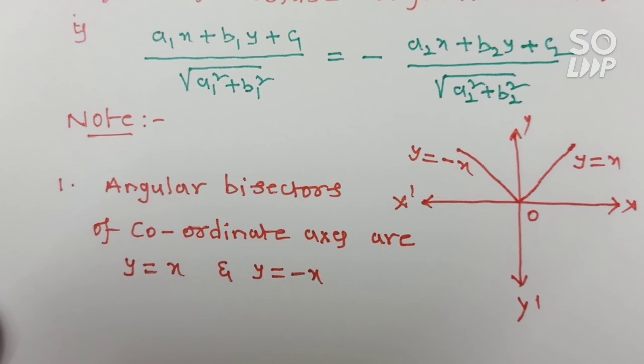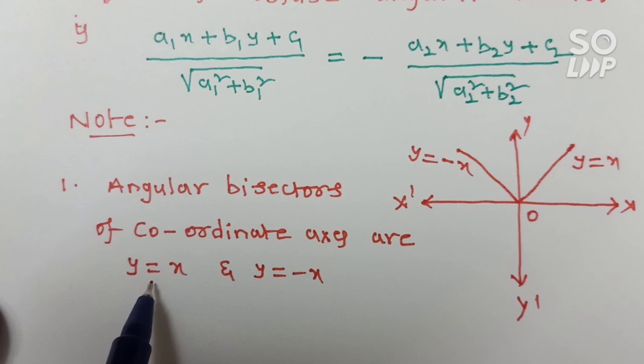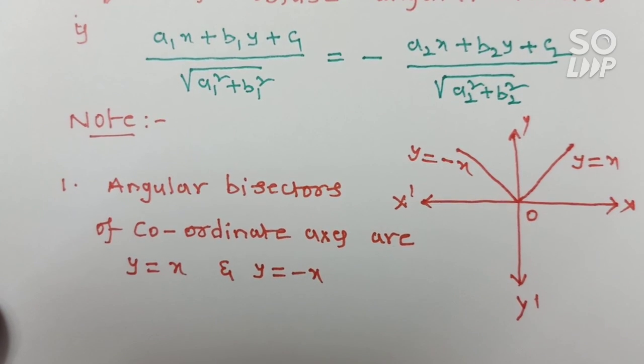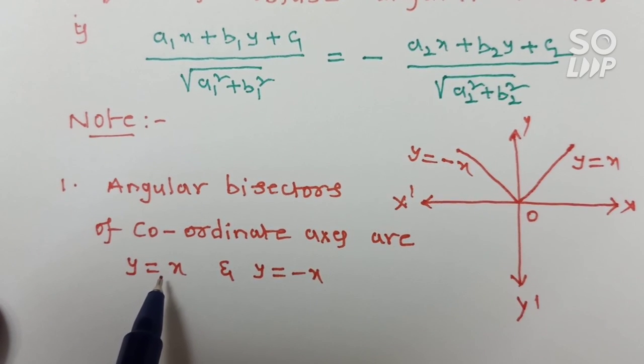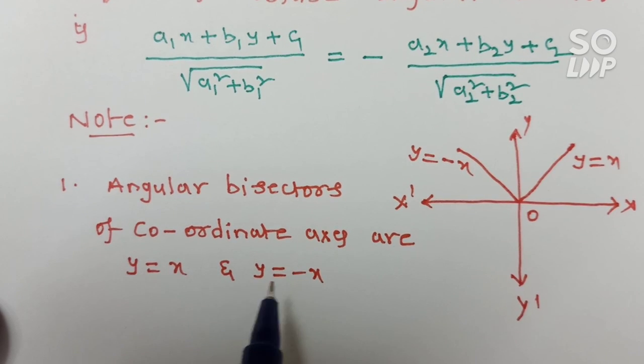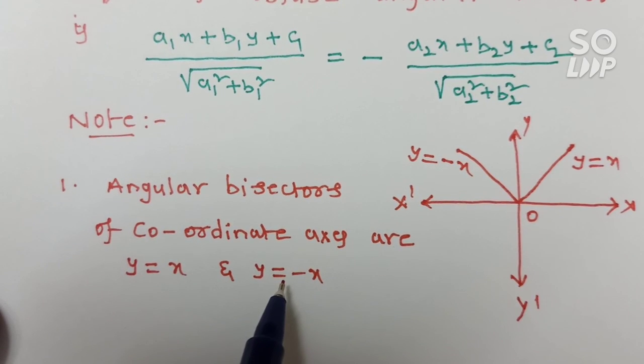So clearly from these two equations we can say that angular bisectors are always perpendicular to each other. See, what is the slope of the first equation? Plus 1. The slope of the second equation is minus 1. The product of the slopes is equal to minus 1, so these two lines are mutually perpendicular.